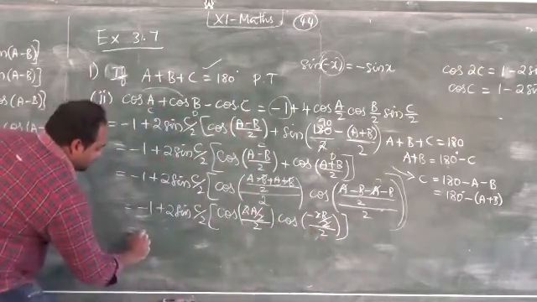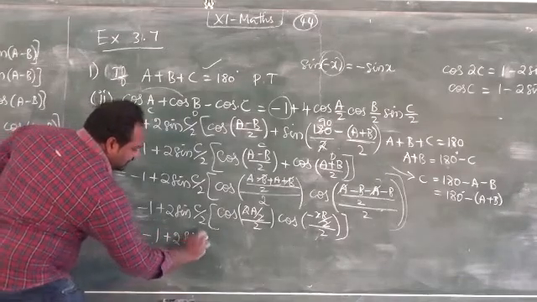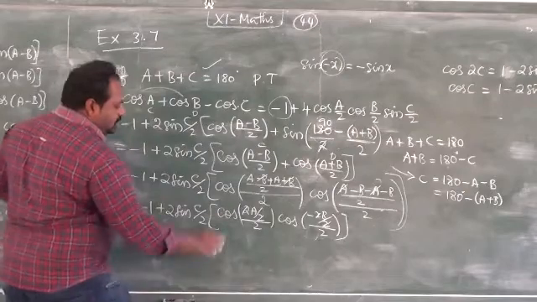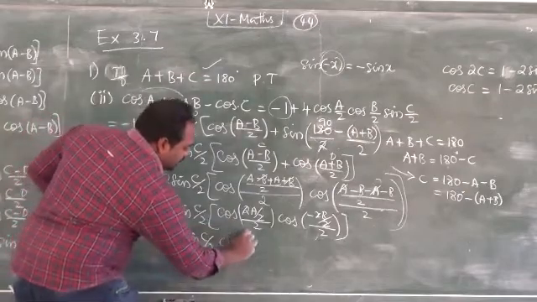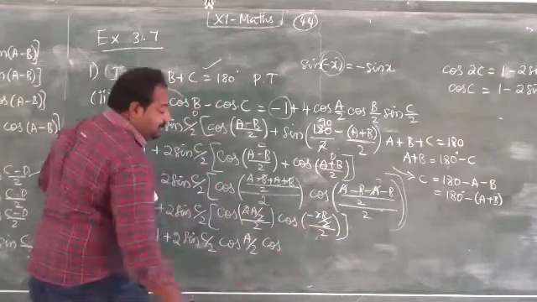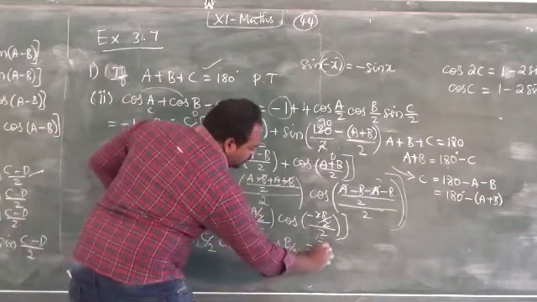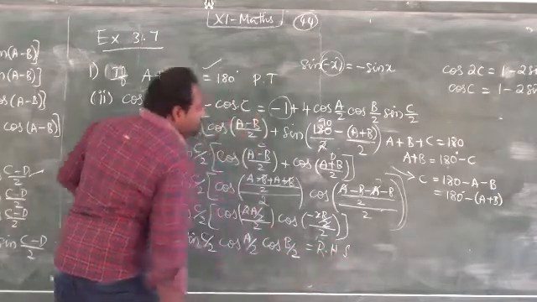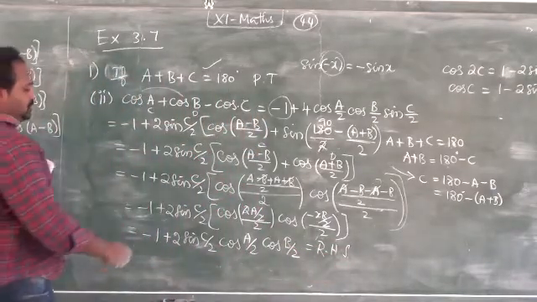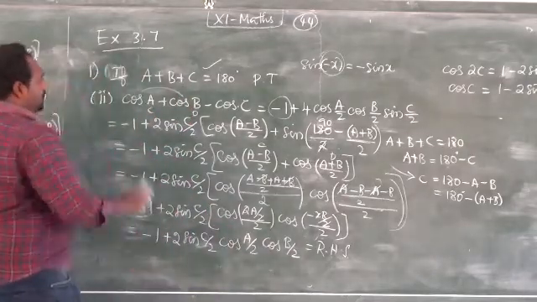So finally minus 1 plus 2 into sin c by 2 cos a by 2 and cos, the minus value will become positive in the cos function, by 2 equal to RHS side, hence proved. So if you want, you can rearrange the place, no problem.